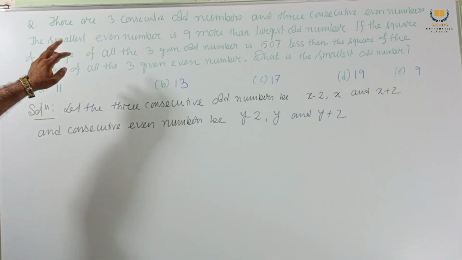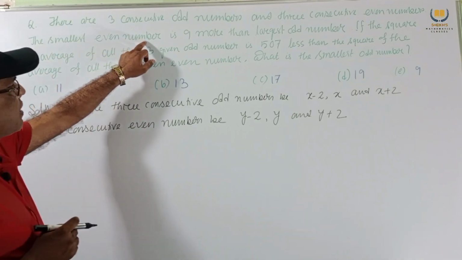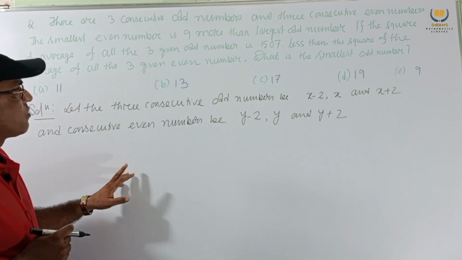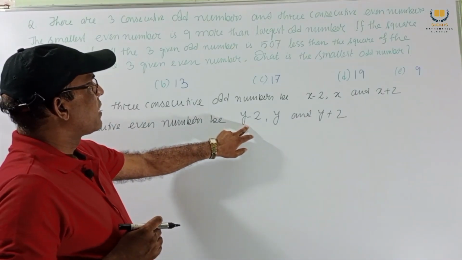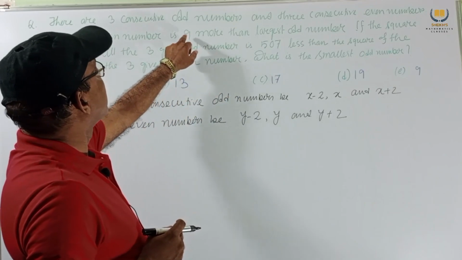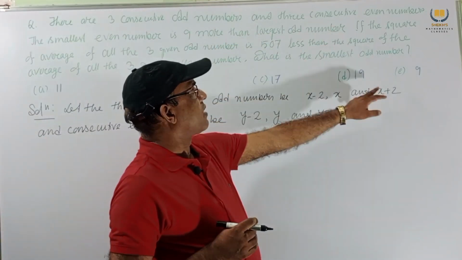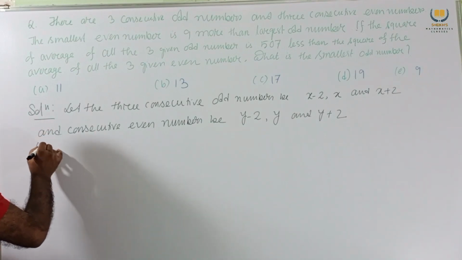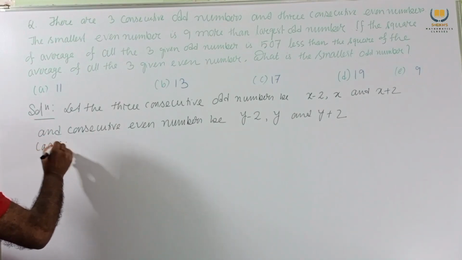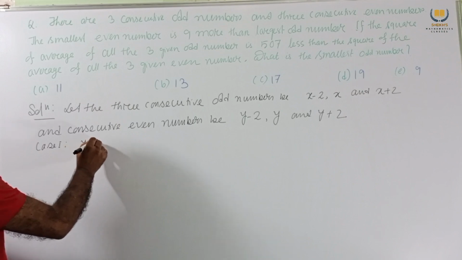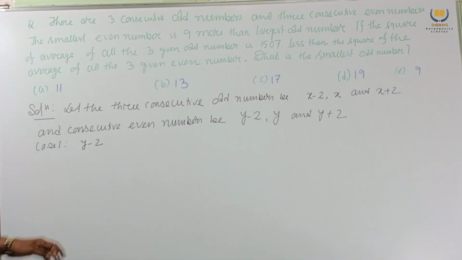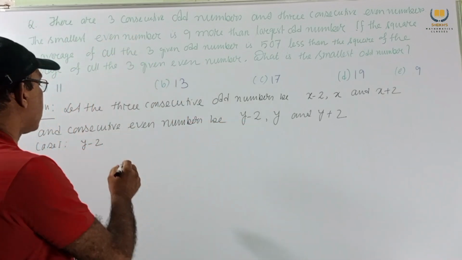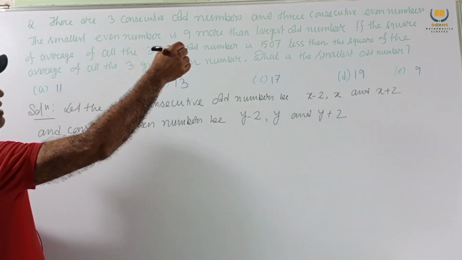According to the question, the smallest even number is 9 more than the largest odd number. Case 1: the smallest even number is y minus 2, equal to 9 more than the largest odd number.